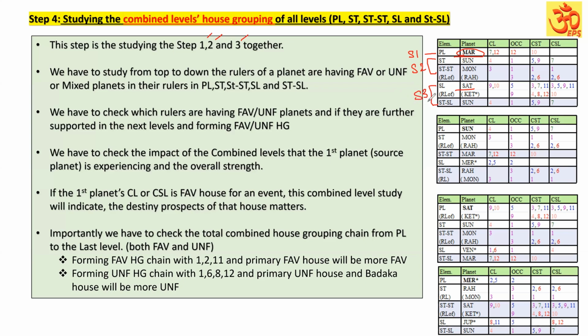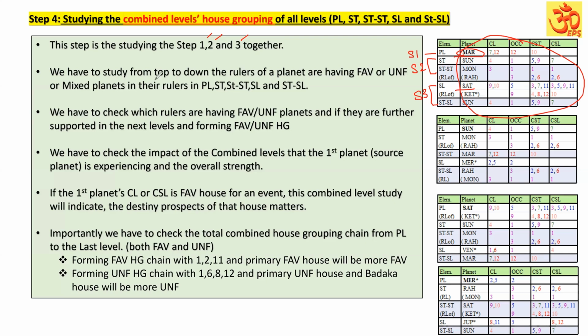Now in step number 4, we are going to combinedly study all these 5 levels together. Step number 1, 2, and 3 together, we are going to study what step number 1 is going to experience through step number 2, and whether it is further supported by step number 3 or not.